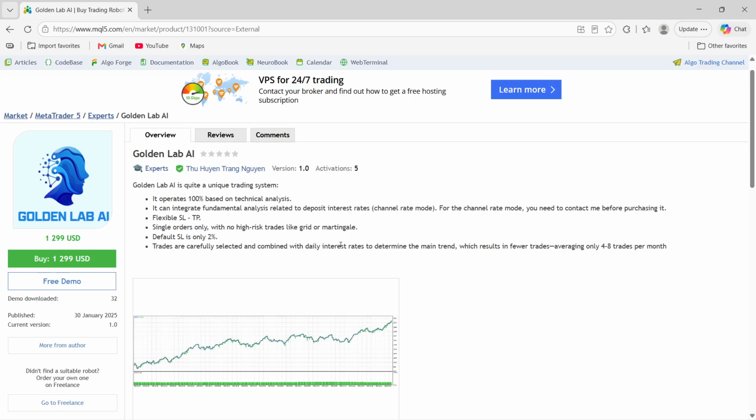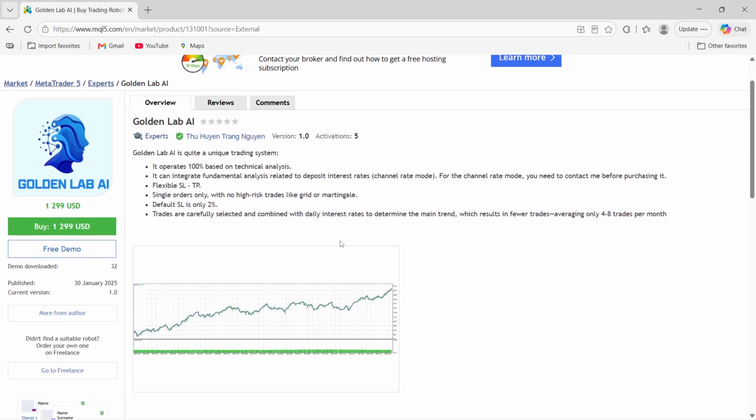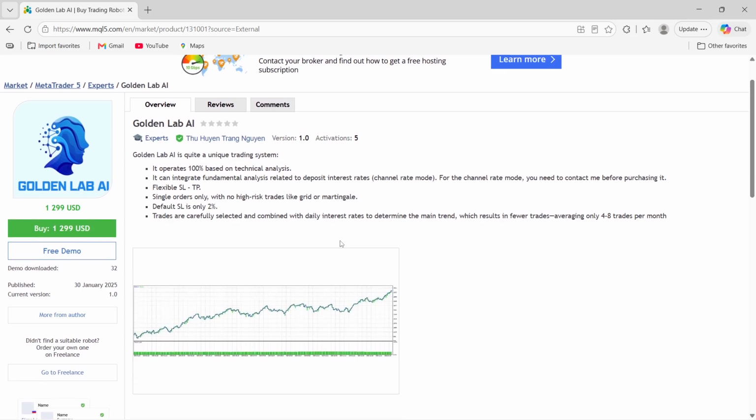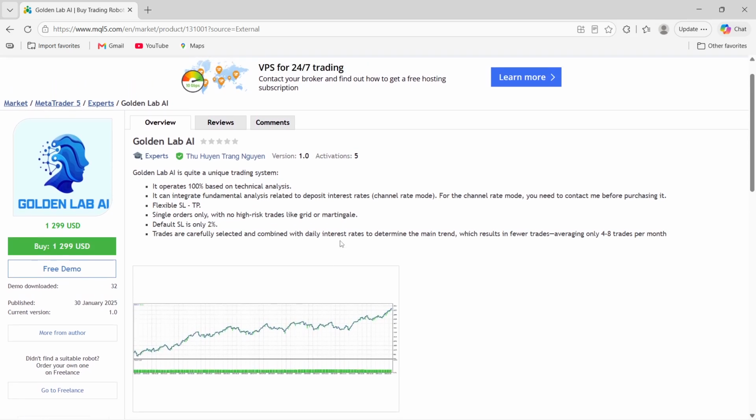The EA emphasizes flexibility with customizable stop loss and take profits, single orders only, and no dangerous methods like grid or martingale. The default risk is kept low at around 2% per trade. As you can see, default SL is only 2%.